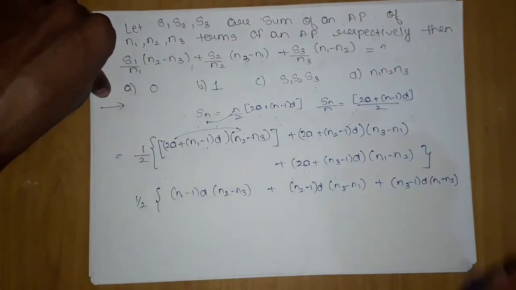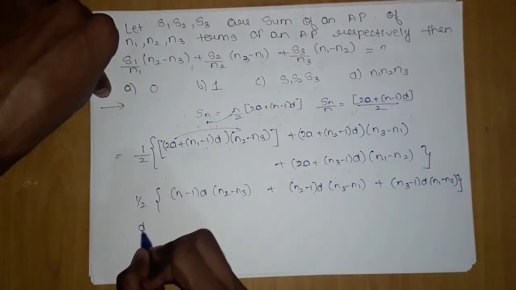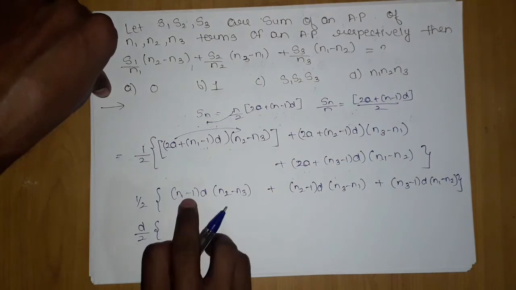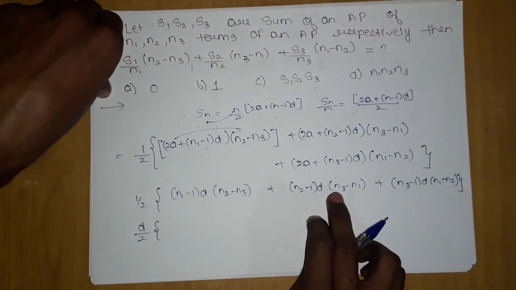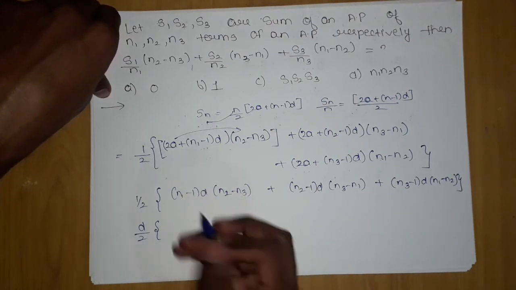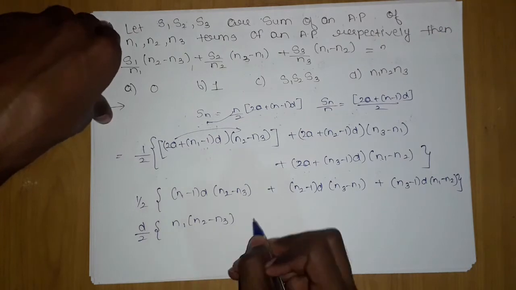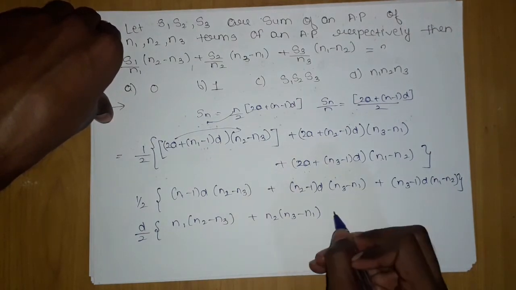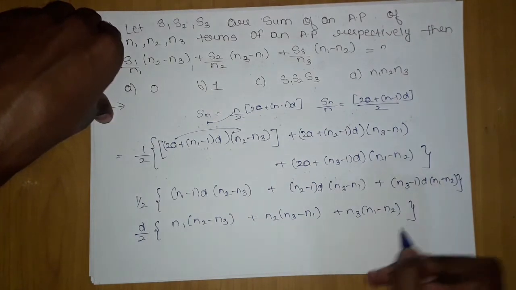So in the next step, let's take d by 2 outside. Now if I multiply this, here we get minus n2 plus n3, and here we are getting minus n3, so it is cancelling out again. So what is left is n1 into (n2 minus n3) plus n2 into (n3 minus n1) plus n3 into (n1 minus n2). This was the thing left.